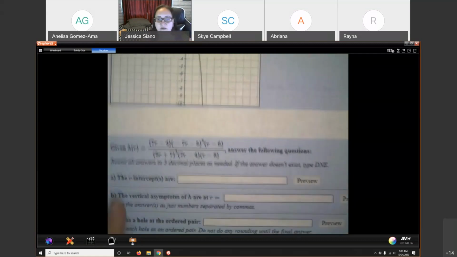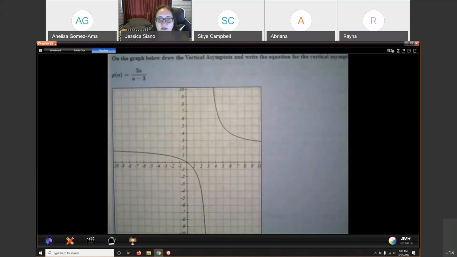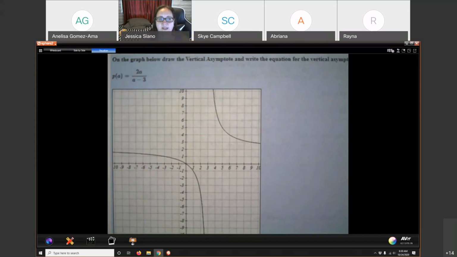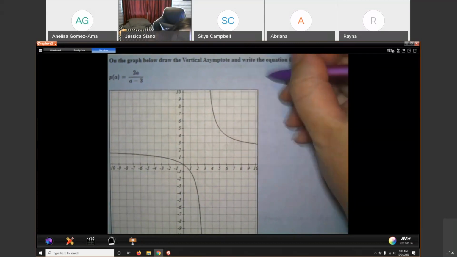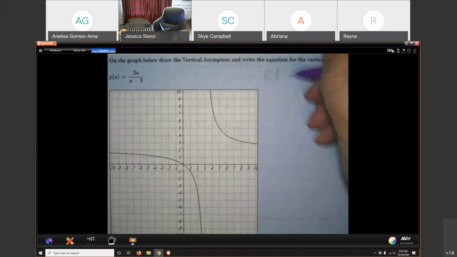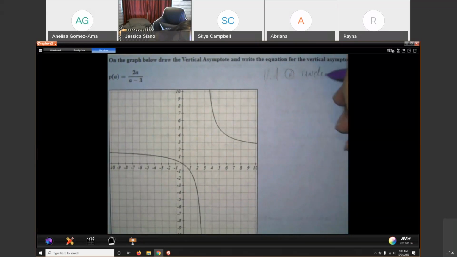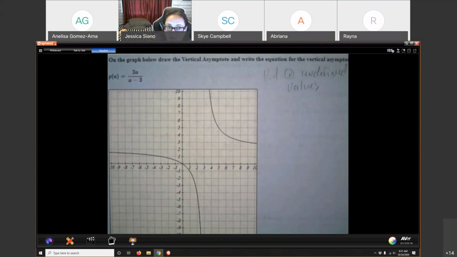All right. So then in 3.72, we have vertical asymptotes. Vertical asymptotes happen at undefined values. They're one of two possibilities when you have an undefined value.